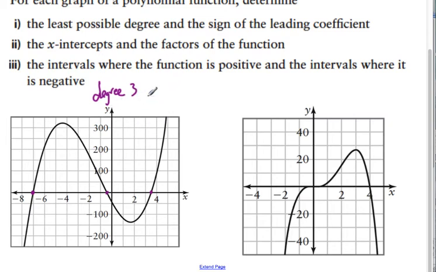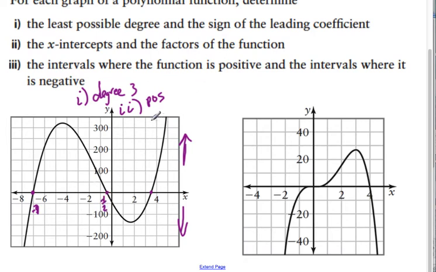Sign of the leading coefficient is positive. So that's answer 1. Answer 2 is positive. The third answer. Okay, now the intervals where the function is positive and negative. So what we're asking here is when the function is positive, when the function is above the x-axis means it's positive. Up here is positive, down here is negative. So the function is above the x-axis from negative 7 through to, looks like, negative a half.